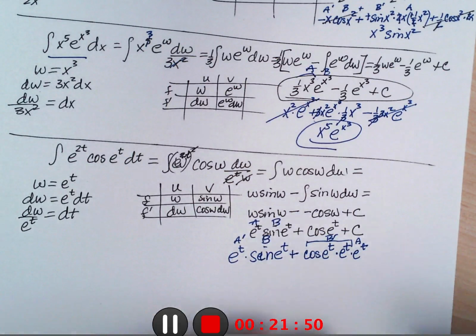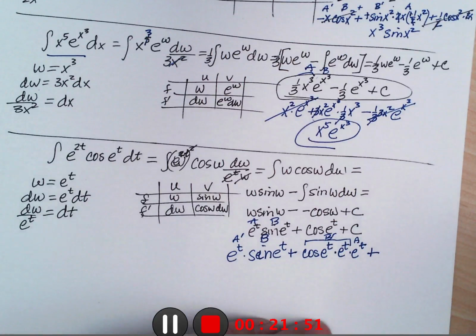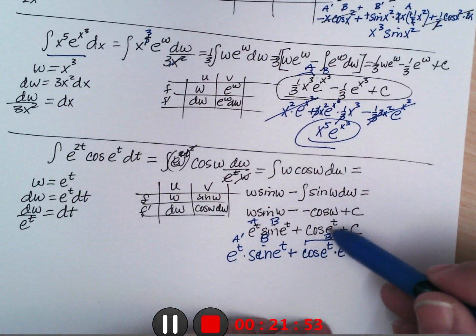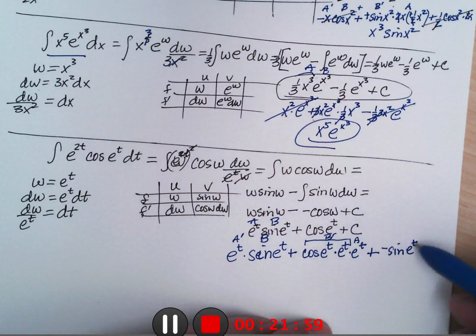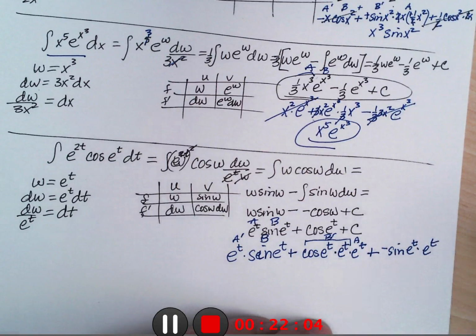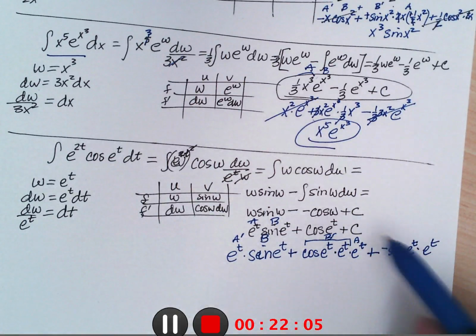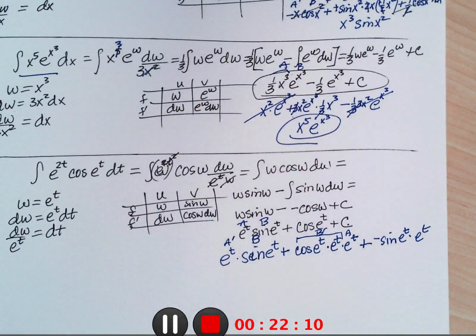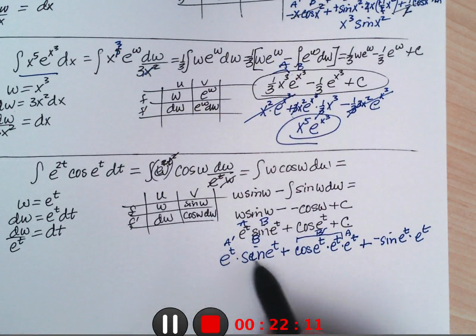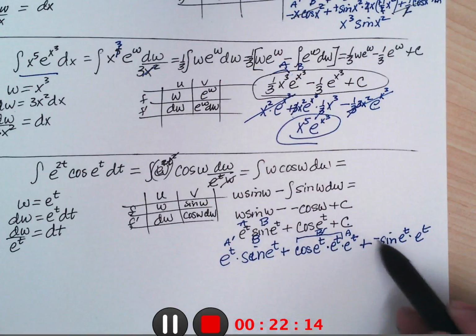plus the derivative of cosine of e to the t. The derivative of cosine is negative sine of e to the t times the derivative of the inside, which is e to the t. And the derivative of c is 0. So now I have e to the t sine e to the t minus e to the t sine of e to the t.